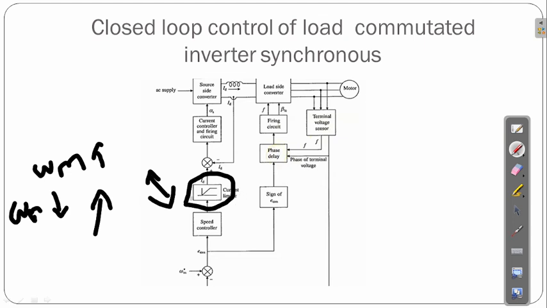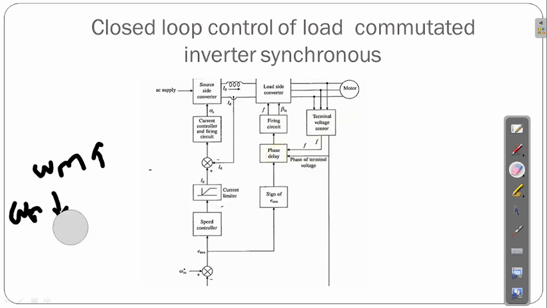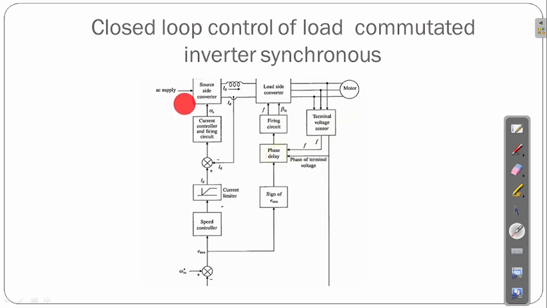Then this controlling unit goes into the current control and firing circuit. Then it is connected with the source side converter, because we already have the AC power supply at the source side converter. After the source side converter it moves up to the load side converter.